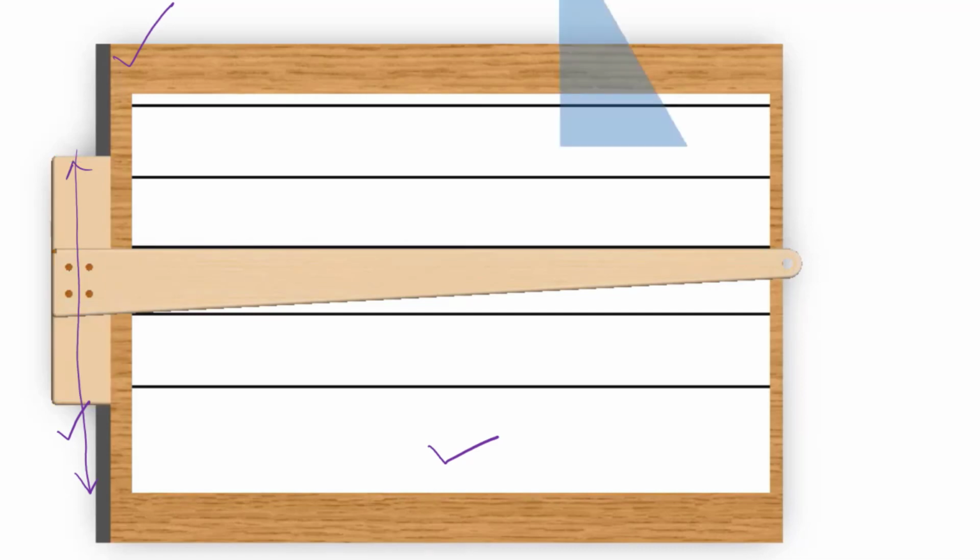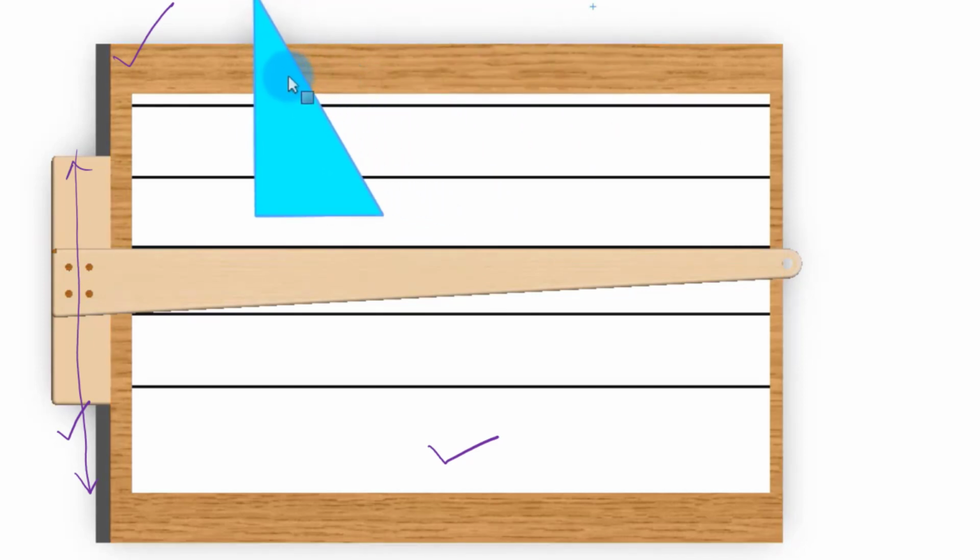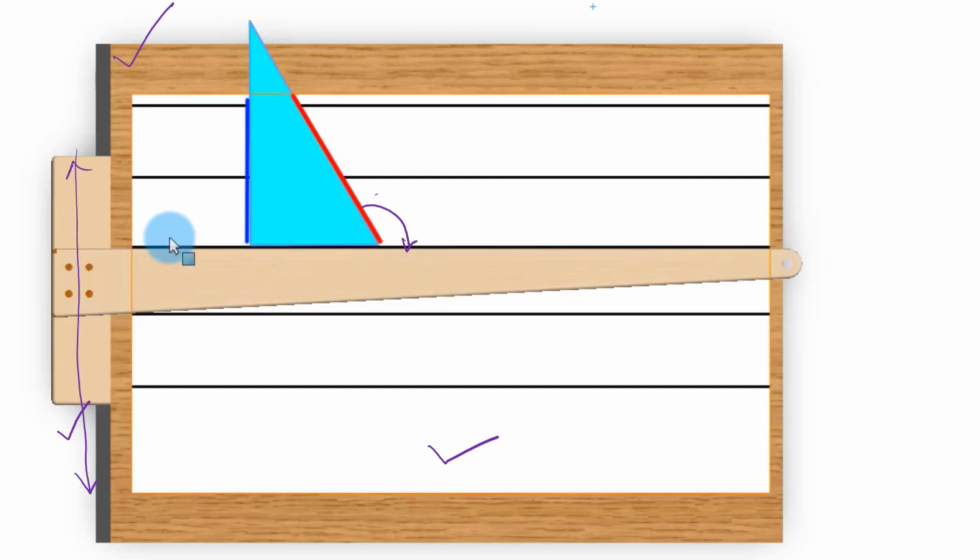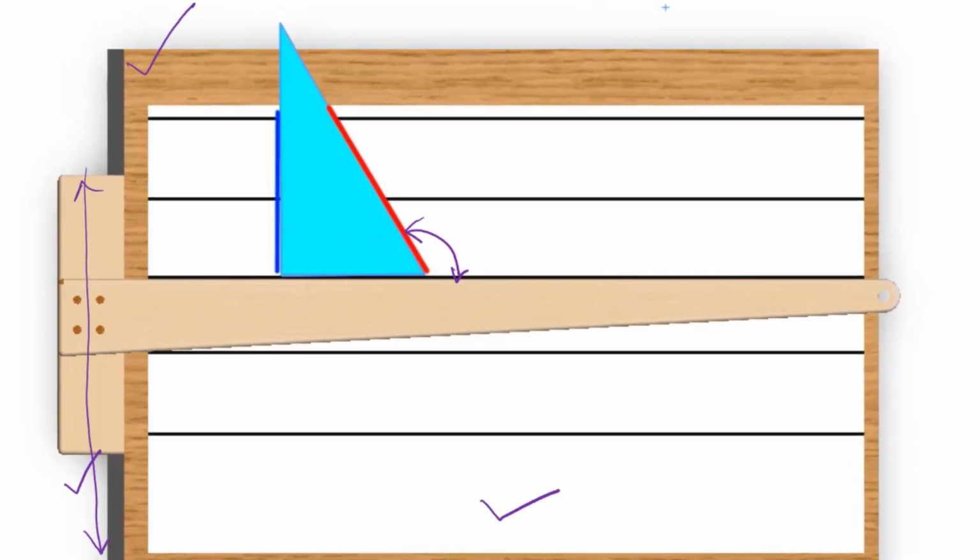Now if we want to draw a vertical line, we have to use the set square and use the T-square as the base. At this position, we can draw a vertical line using this edge like this, and also we can draw an inclined line at this angle, which is equal to 180 minus 60 degrees, because this is 60 degrees.